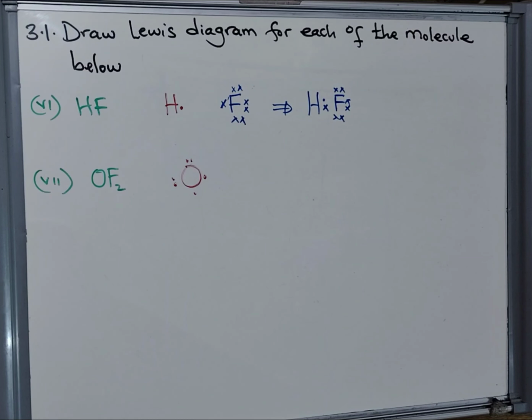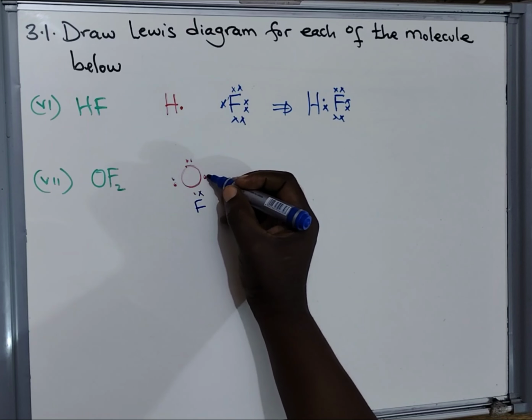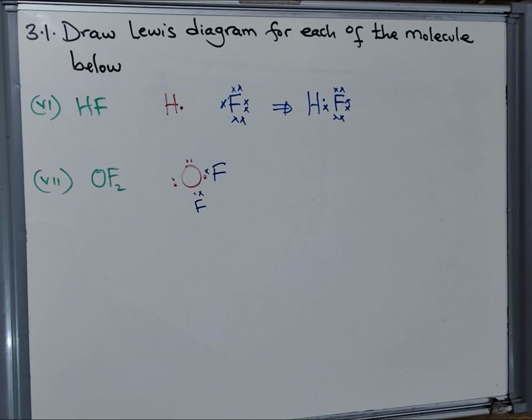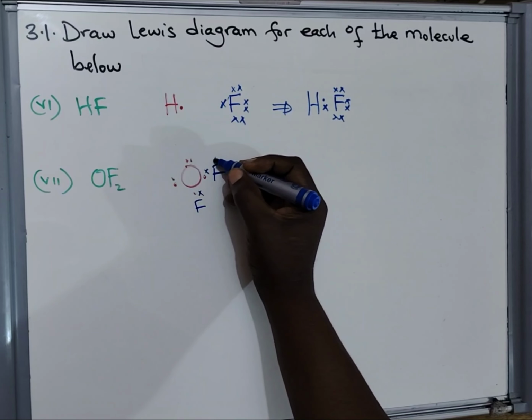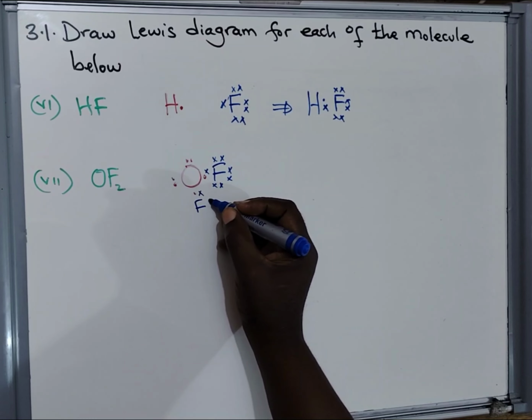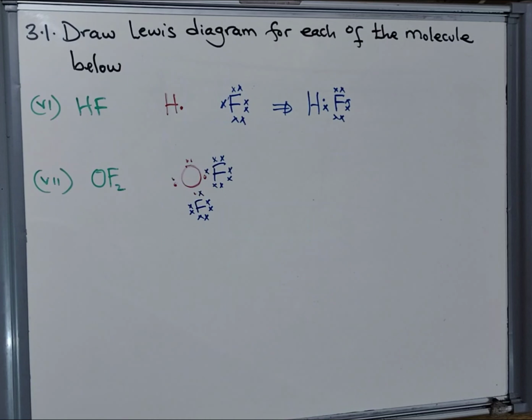That oxygen has 2 unpaired electrons with which it can form bonds. So our fluorine will come here and also there. Then we can distribute the remaining electrons. That is that.